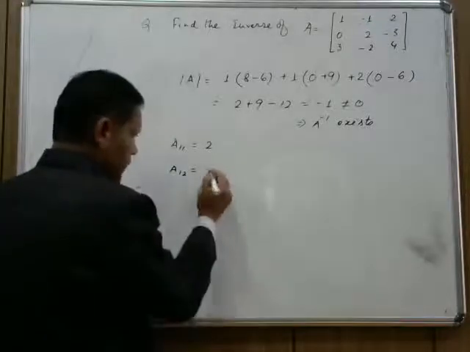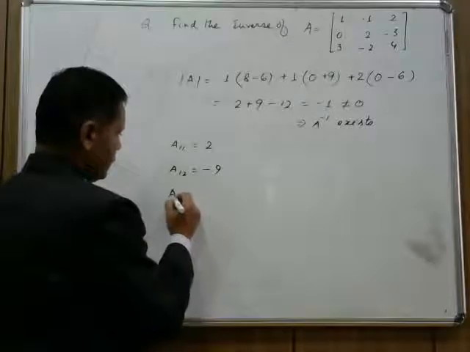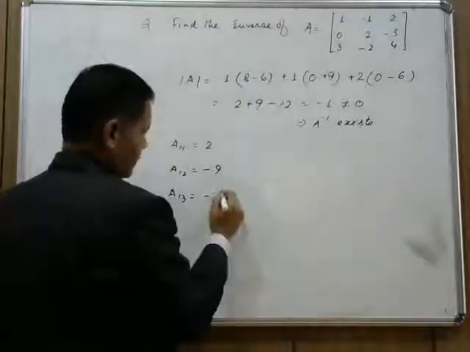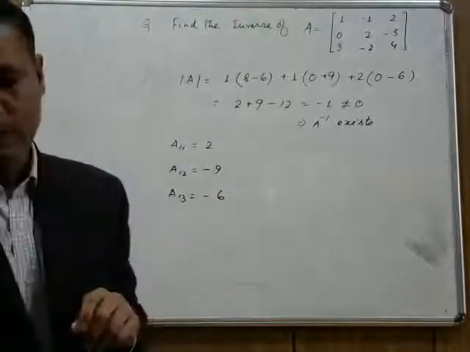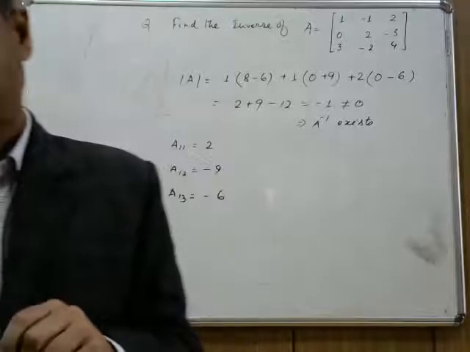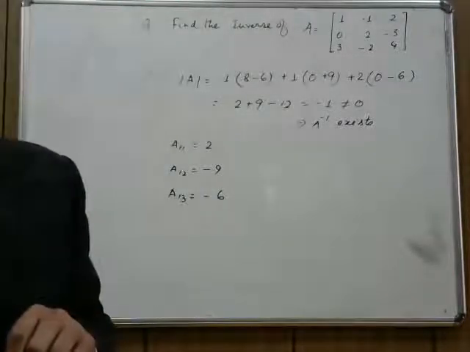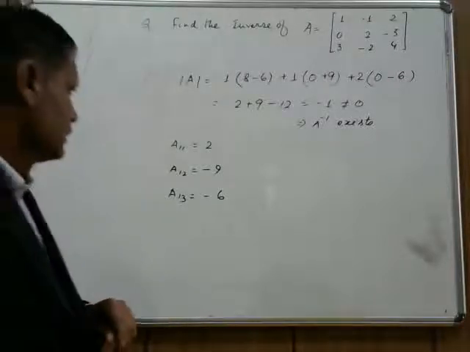That's why the sign of the cofactor will change: minus 9. A13, the value of A13 is minus 6. Its sign will not change. A13 will be minus 6 only. So now A11 is 2, A12 is minus 9, and A13 is minus 6.